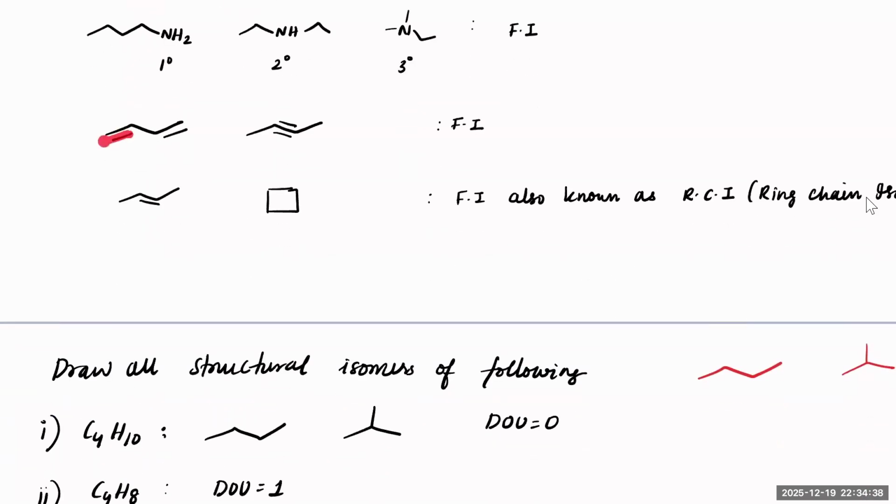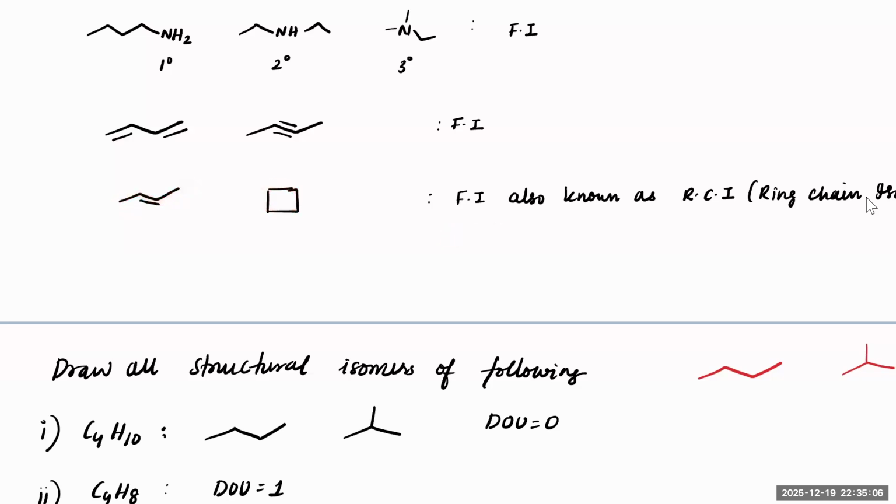Next, two double bonds versus a triple bond. That is also a functional isomer because a triple bond is a different function, a double bond is a different function altogether. Last one, check out this one. If you have a double bond and then you have a cyclic structure, while comparing these two, it is actually a functional isomer because it is a straight chain and a cyclic chain.